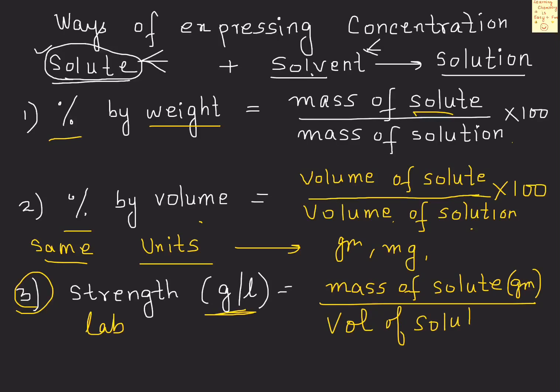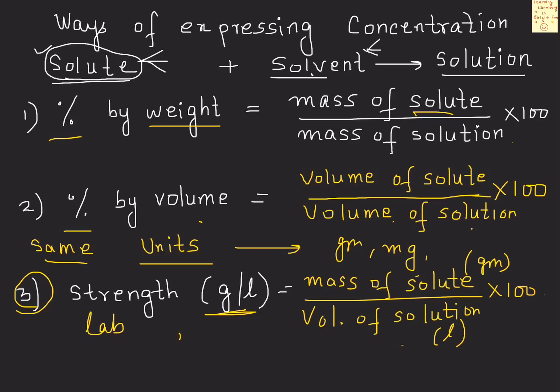Very good. Are you noting down the definitions? Sometimes you are also given this strength in gram per cc. So you have to be very careful about what unit you are using, because this strength we are going to apply in our further definitions as well.